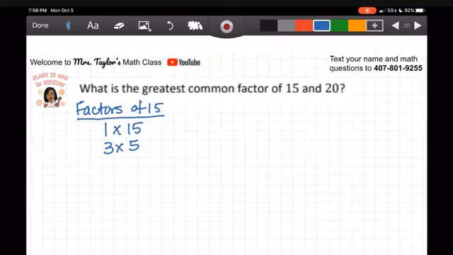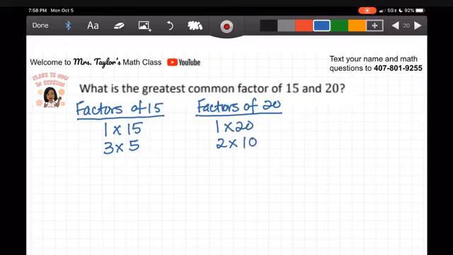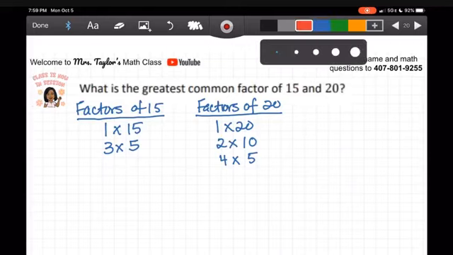What are the factors of 20? I could do 1 times 20, 2 times 10. Can I do 3? No, I could do 4. 4 times 5. And that's it. So what factors do they have in common? Let's circle what they have in common.